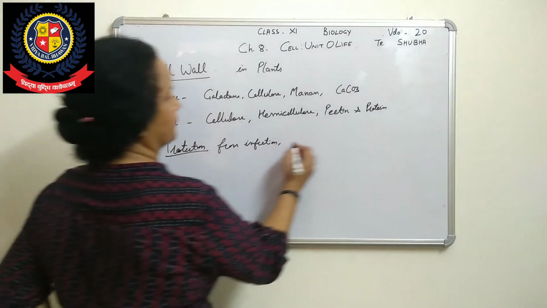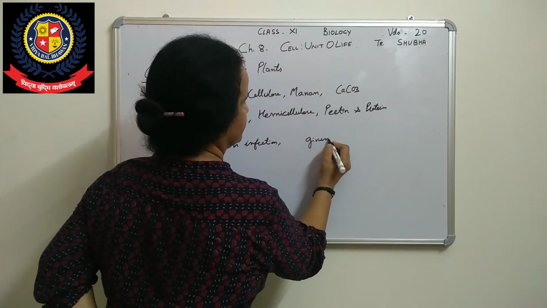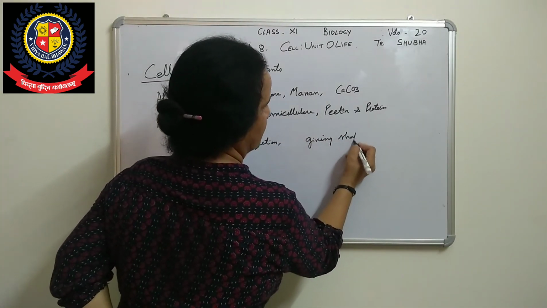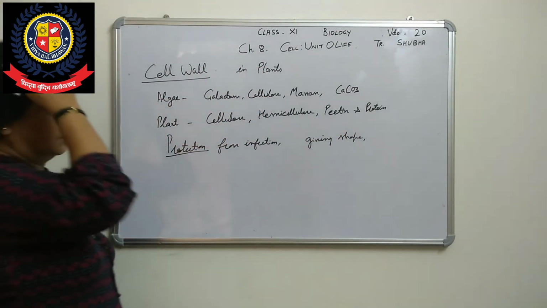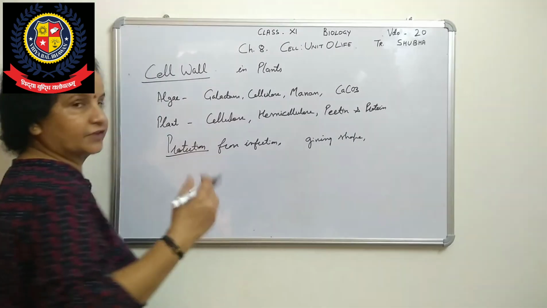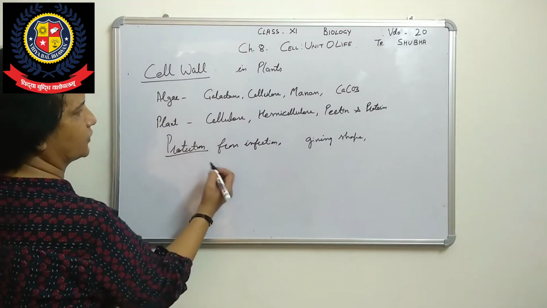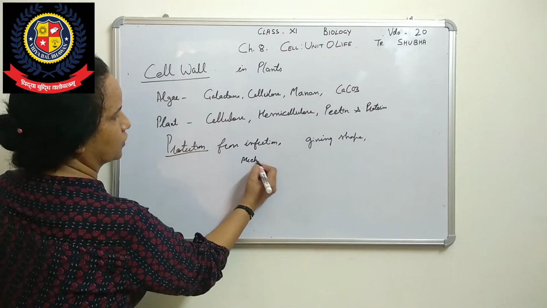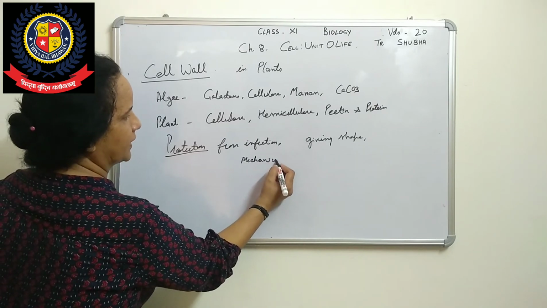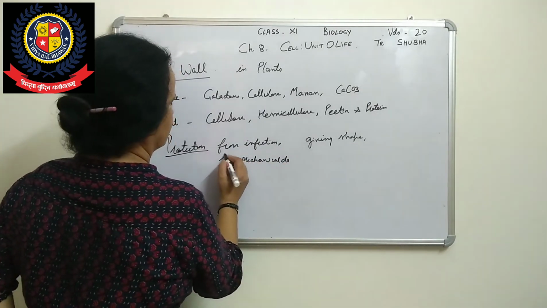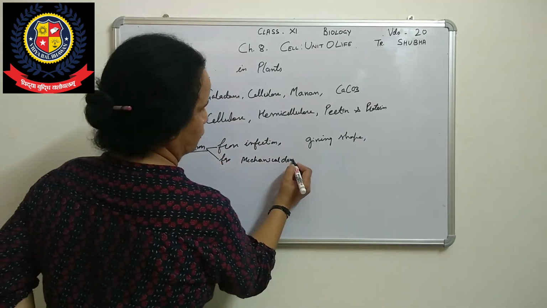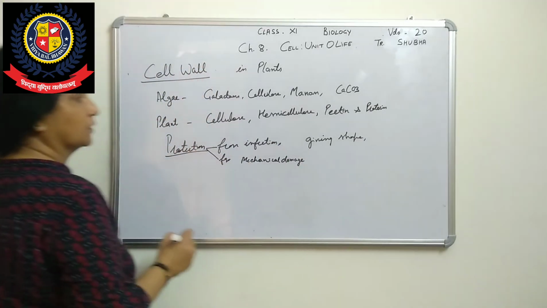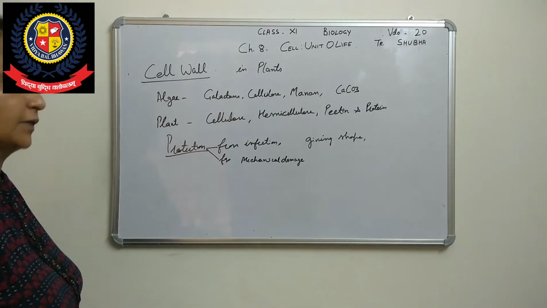They also give a framework and strength, and protect from mechanical damage. So these are the main functions in the plant cell.